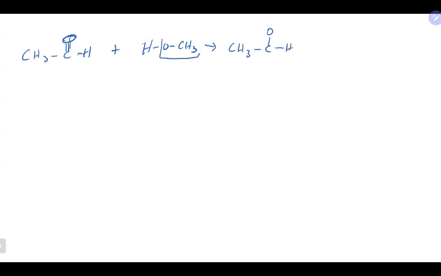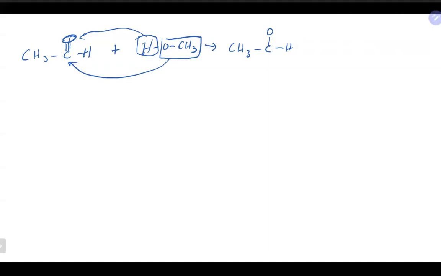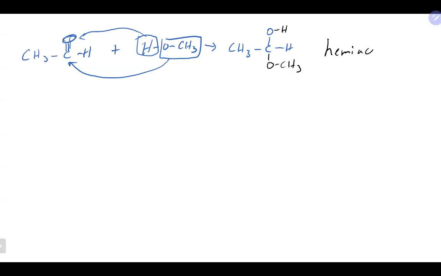And once again, this guy will end up at the carbon. The H will end up over there at the oxygen. And we will end up with an H up there and our oxygen carbon group, which once again will make our hemiacetal, which has that OH group, the H, and this oxygen carbon group as central to it.